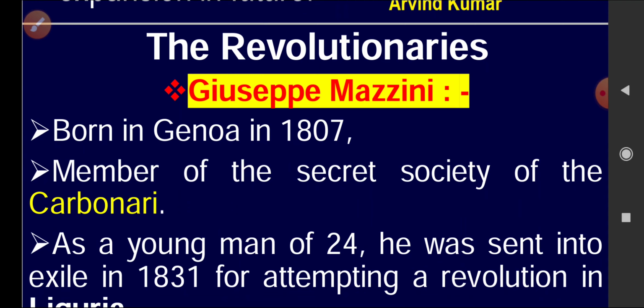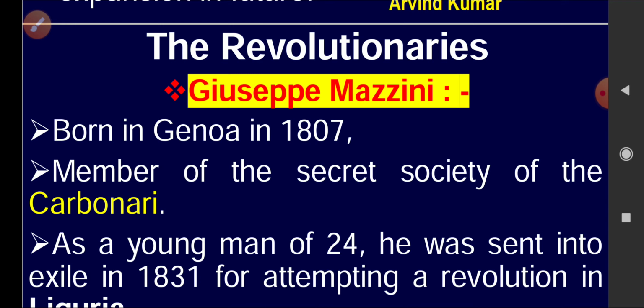Mazzini was born in Genoa in 1807 AD. He is known for his revolutionary work, his ideas, his thoughts, and his role in the unification of Italy as a powerful state.